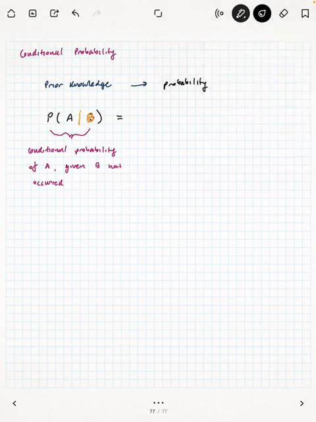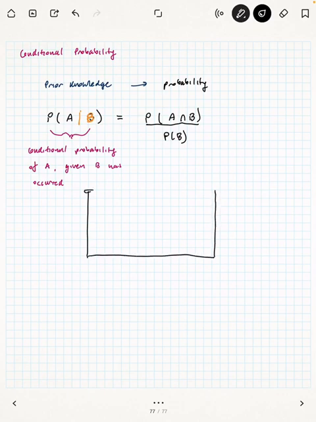And we calculate that as the probability of A intersect B divided by the probability of B. And one quick way of thinking about conditional probability is, and I'm going to go back to a Venn diagram perspective here.